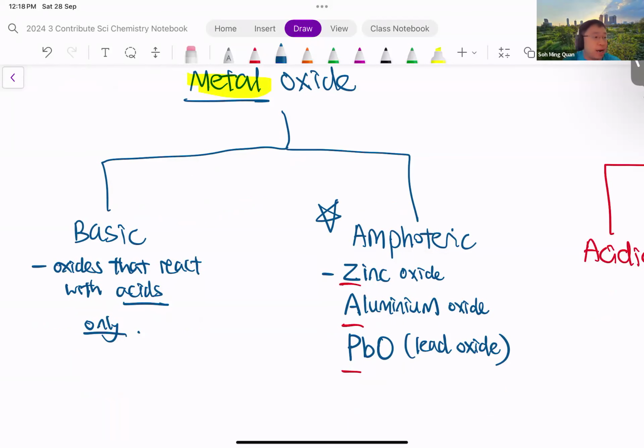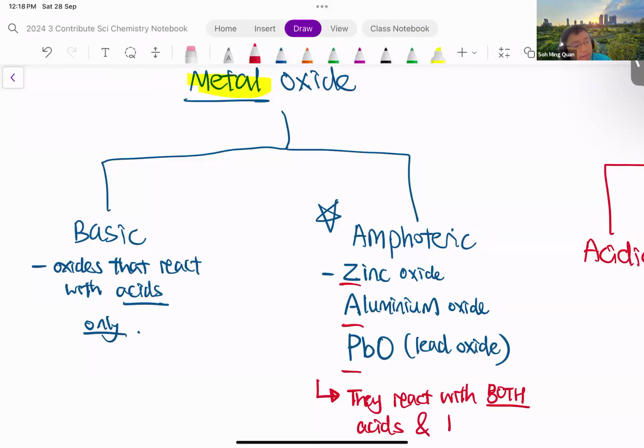The reason why they are amphoteric is because they react with both acids and bases. Okay, so you have to remember the three examples. You have to remember the reason why they are amphoteric as well.